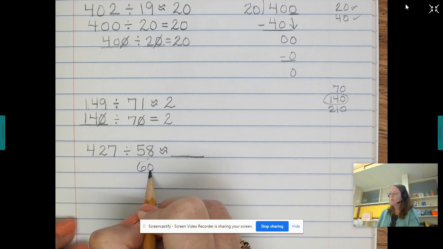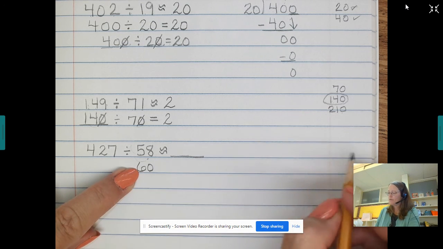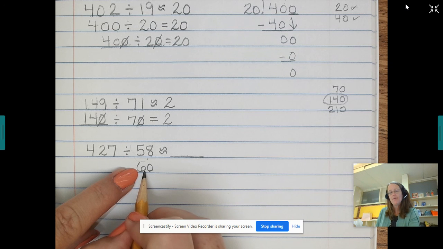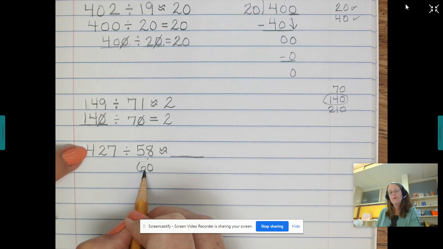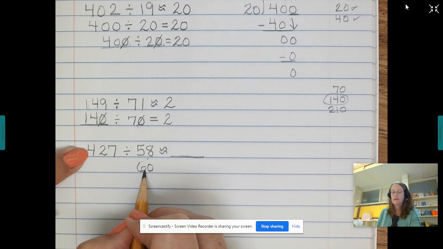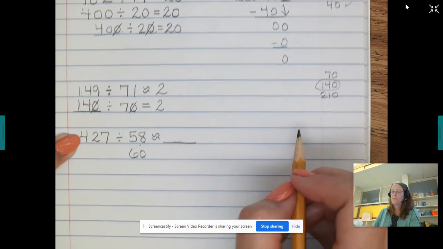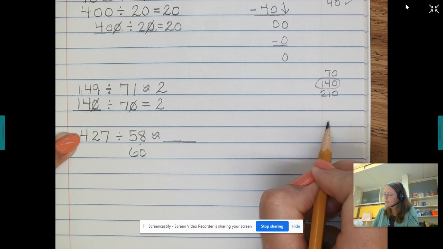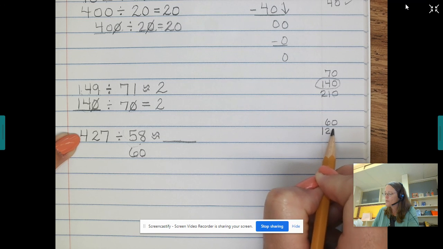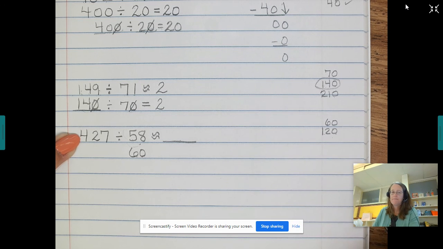Okay, so what I want to do is come over to the margin and skip count by 60s until I get really close to 427 without going over. I don't want to go over 427, but I'm going to skip count by 60s. So here I go. 60, 6 times 2 is 12, so 120.